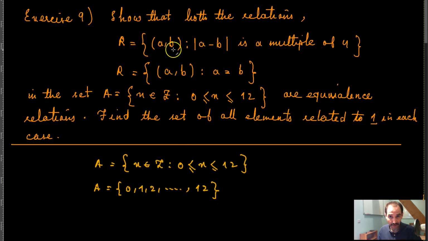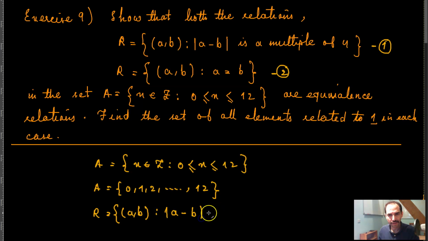And let's call this 1, and let's call this 2, for example, and let's say that R is equal to all the ordered pairs A comma B, such that the absolute value of A minus B is a multiple of 4. Now, how do I find all of the elements?